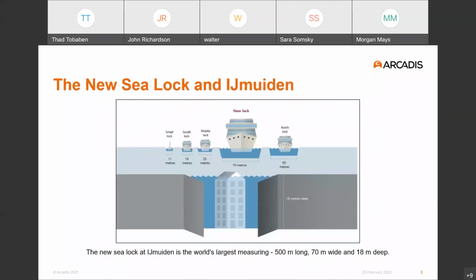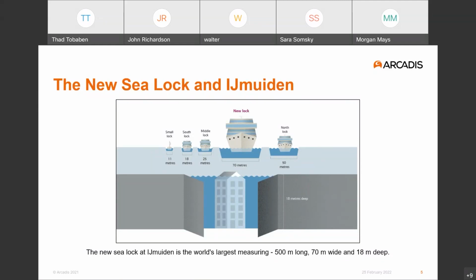As I mentioned before, the new sea lock is currently the world's largest, and it is 500 meters long, 70 meters wide, and 18 meters deep. And so what this figure is intended to show is a comparison of the new lock's size compared with 4 of the existing locks in the complex, those being the small lock, the south lock, the middle lock, and the north lock.